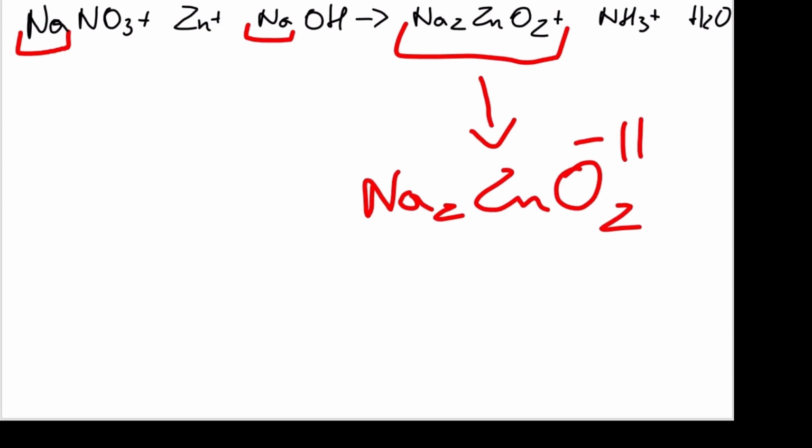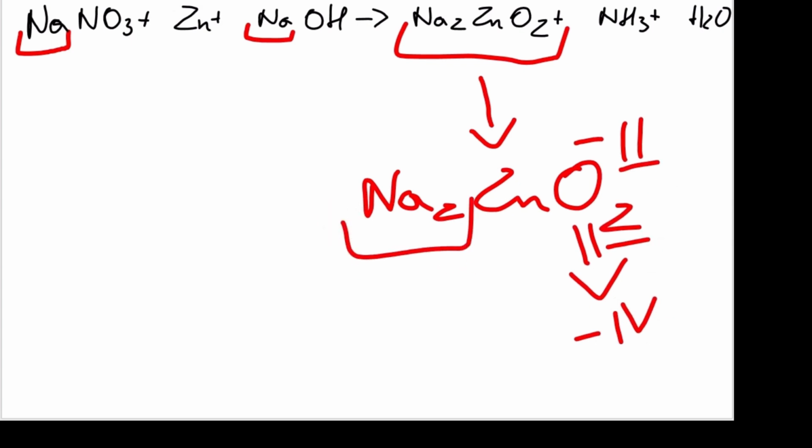The oxidation state of oxygen atoms, every single one, is equal to -2. Therefore, the total given by oxygen atoms is equal to -4: -2 times 2 gives us -4. Sodium, in such cases, is always equal to +1.